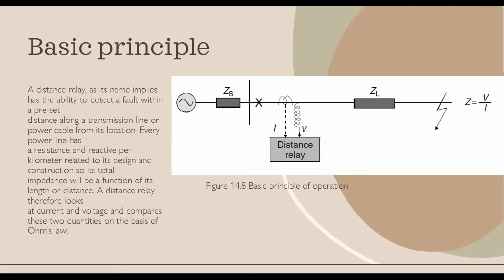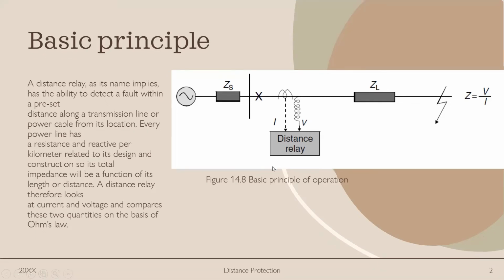The locus of the power system impedances, as seen by the relay during faults, power swings and load variations may be plotted on the same diagram, and in this manner, the performance of the relay in the presence of system faults and disturbances may be studied. Here we can see the basic diagram for the basic principle of operation for such a distance relay.